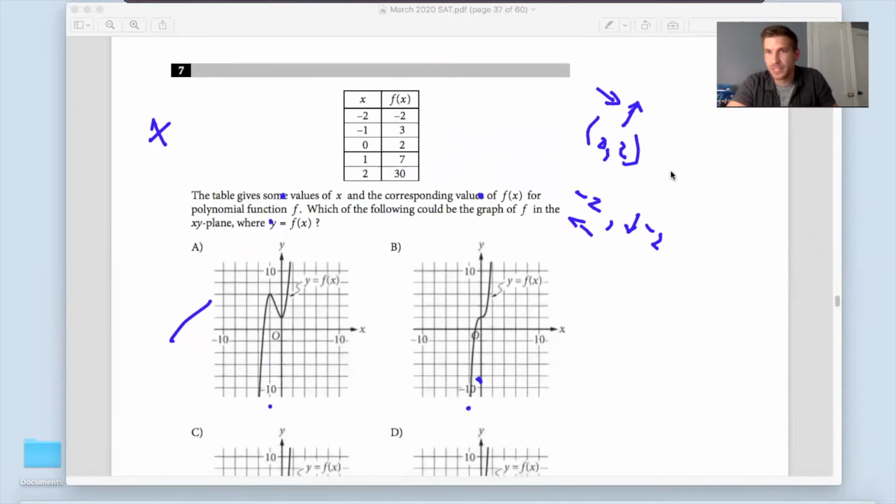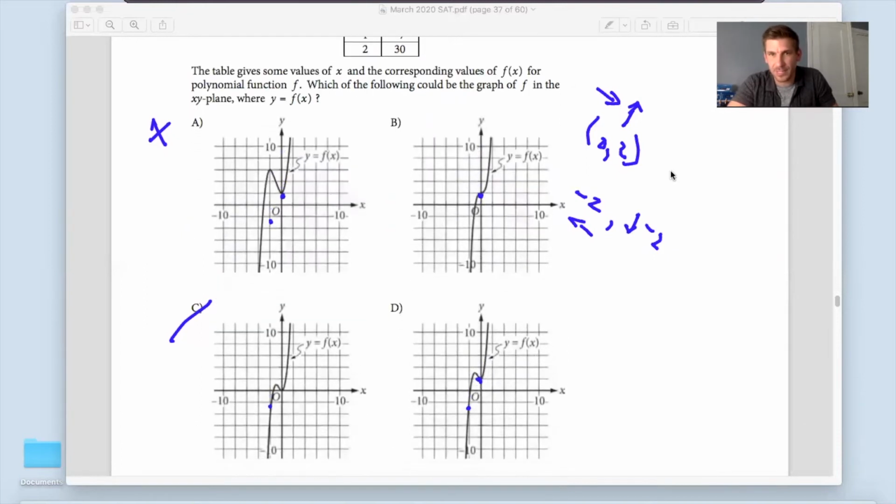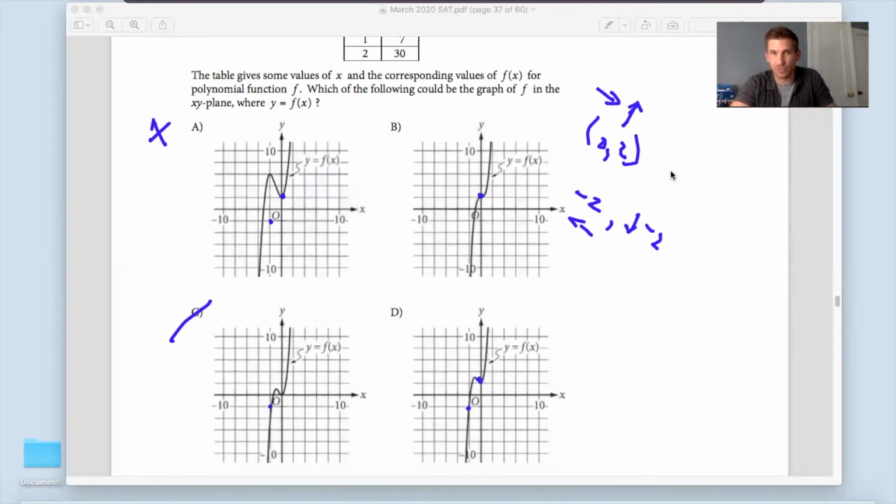Let's do 1, 7, okay? Because that's an odd value given that these are all in increments of 2. So 1, 7 would mean I'm going over 1 and up 7, right, to quickly count. So here's over 1, technically it's in the middle, and then up 7. Okay, so here's the 2, the 4, the 6. Yep, that's about that. Yeah, so I like D the best. So I'm going to choose D in terms of time.